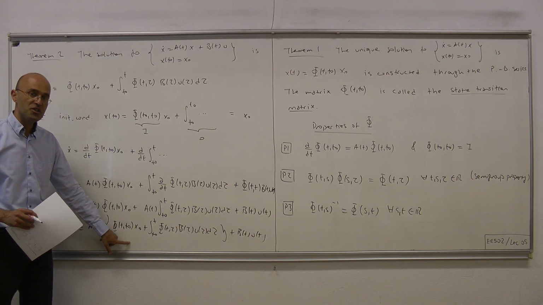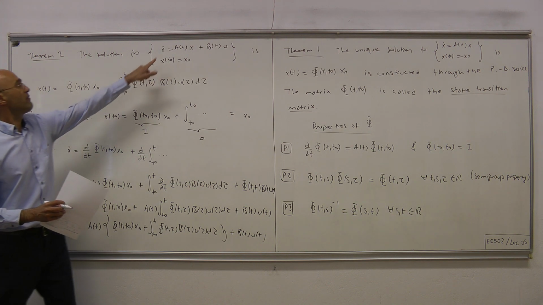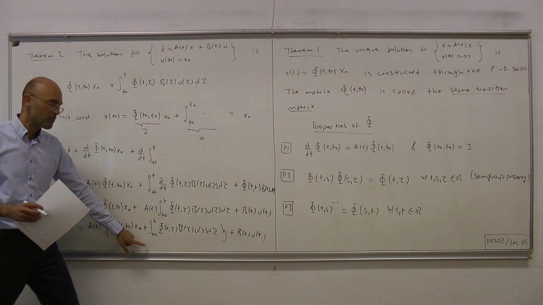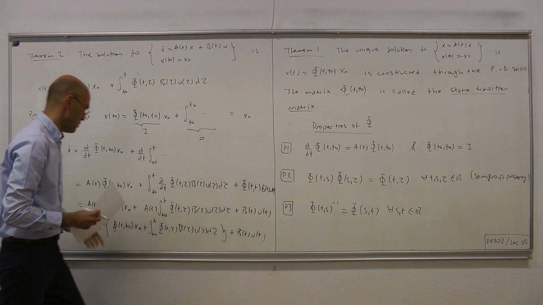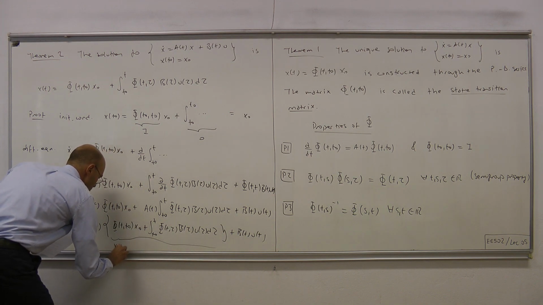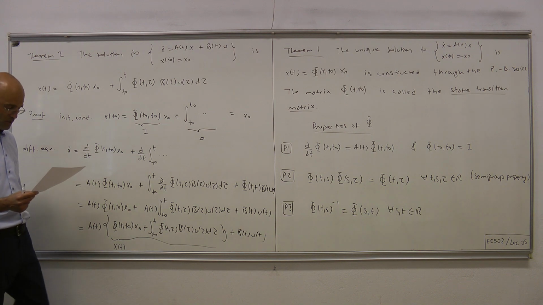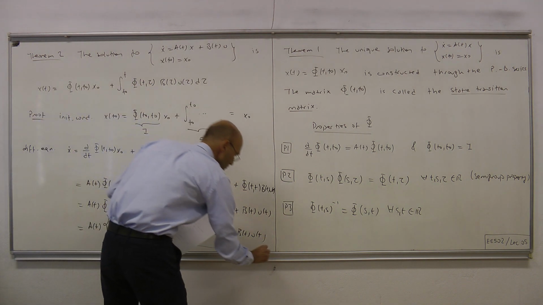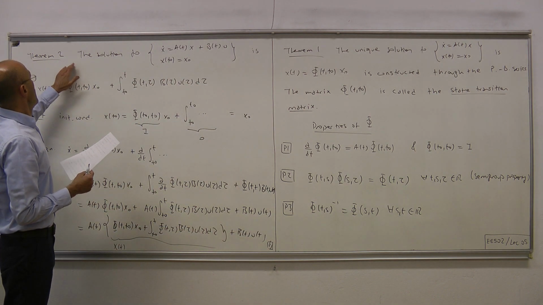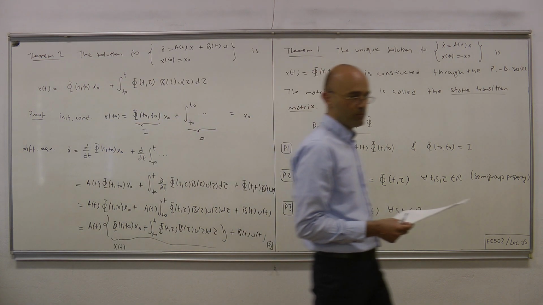And since this is no other than x(t), we have x dot equals A(t) x plus B(t) u. This here is x(t). Therefore, the differential equation constraint is also satisfied. This is a simple demonstration of the claim that's made in this second theorem.